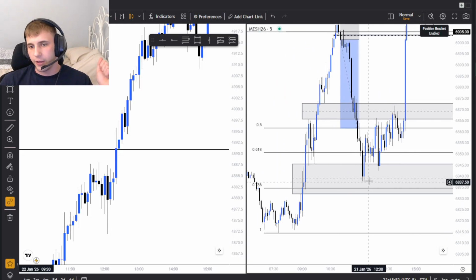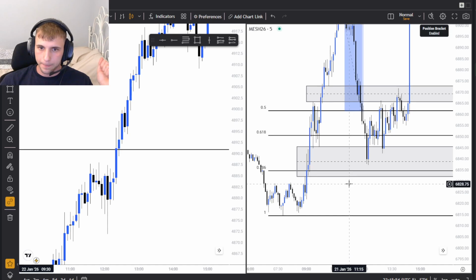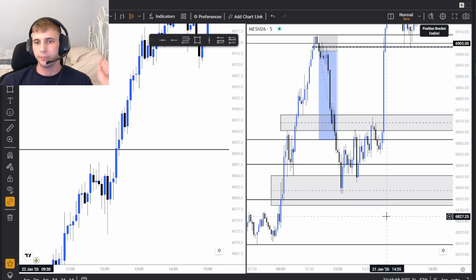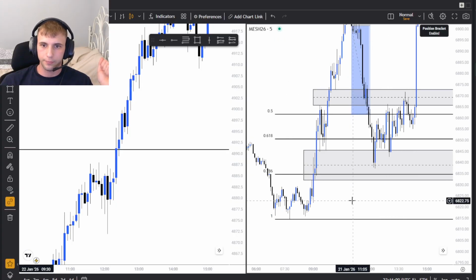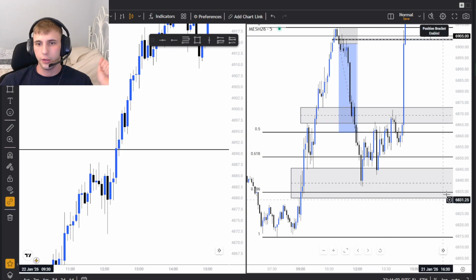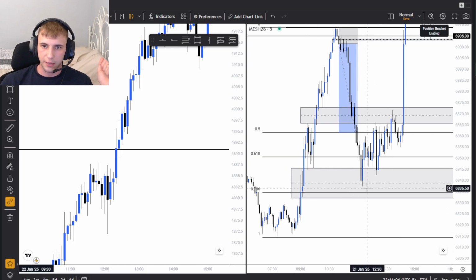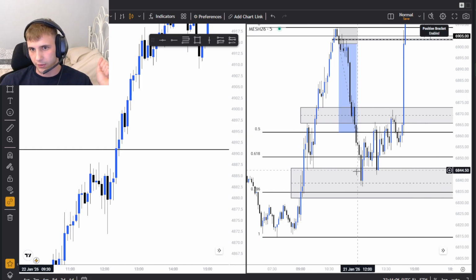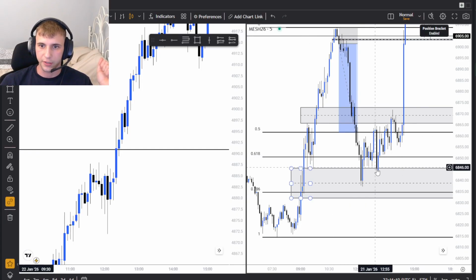Now the next fair value gap right over here is considered in the discount, okay, of this move up. So if price comes down into this gap, price is considered to be at a discounted rate. The contract is considered to be at a discounted price. Okay.